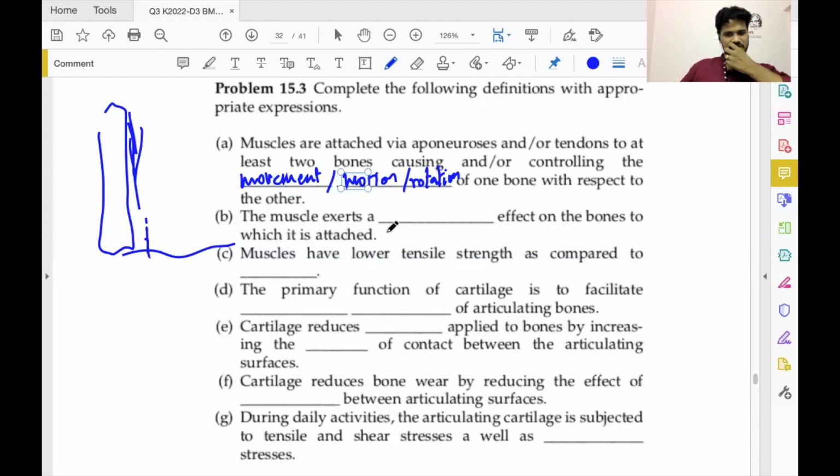Okay. Muscle exerts a dash effect on the bones to which it is attached. What does it do? Pulling. The word pulling sounds odd. Are there any other synonyms for pulling?